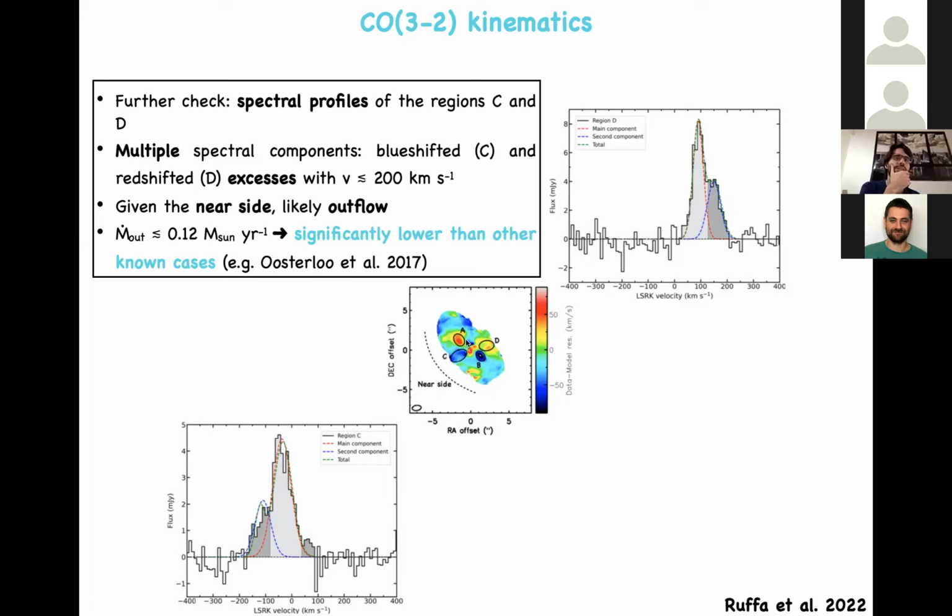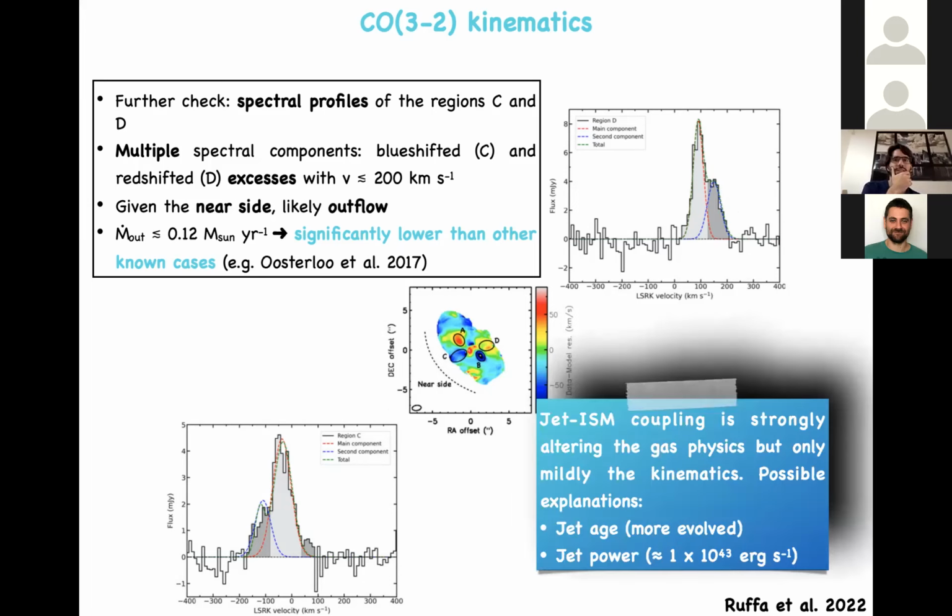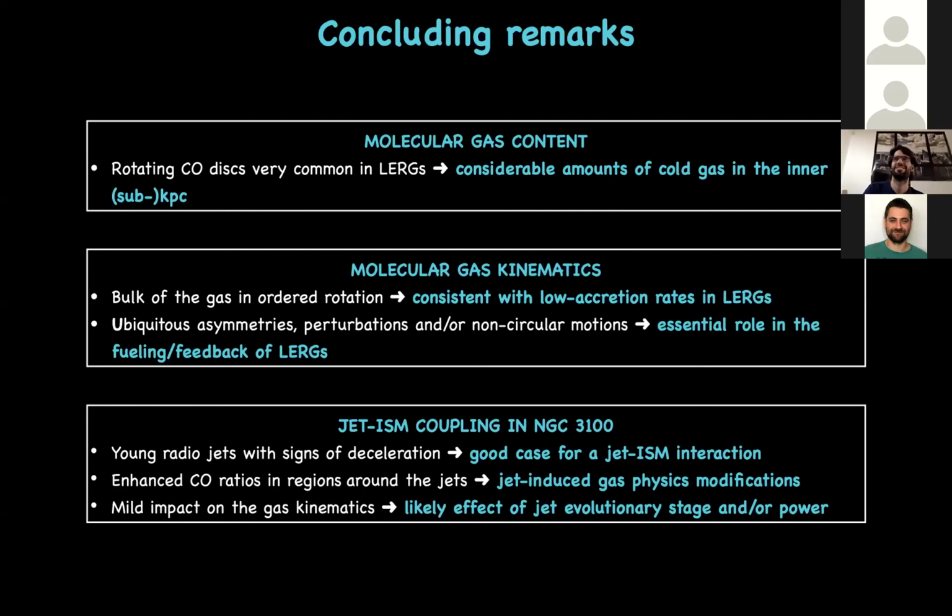The interesting thing here is just that the mass outflow rate is very low, and in particular significantly lower than other known cases. A possible explanation for that is related to the jet age, which are in this case more evolved than other known cases. So yeah, I stop here.